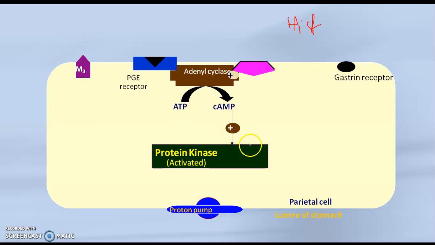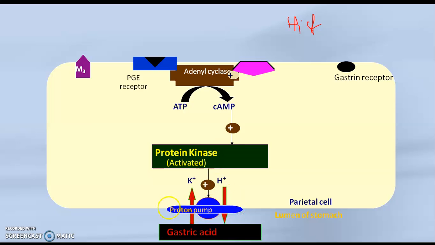Cyclic AMP further activates protein kinase, and this protein kinase activates the proton pump, and that results in the expulsion of H plus ion, and H plus further combines with Cl minus, and that results in HCl.